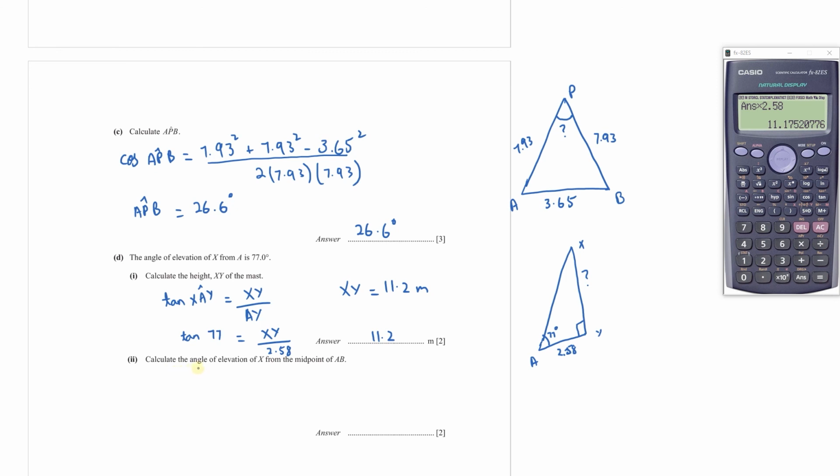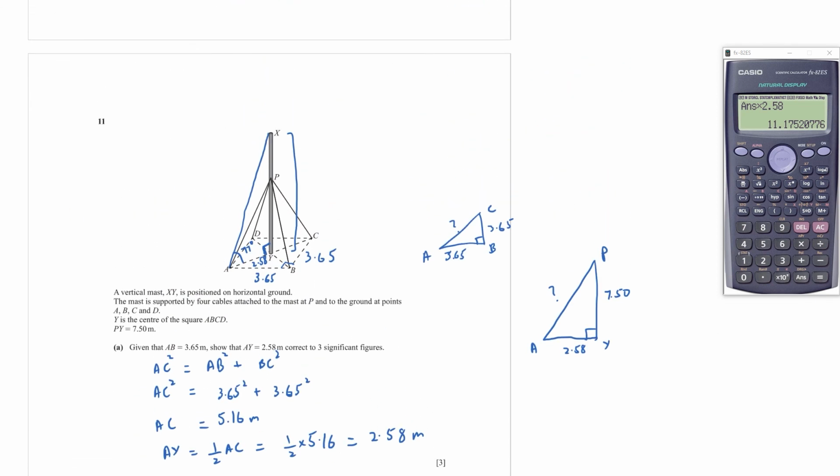Part 2 is calculate the angle of elevation of X from the midpoint of AB. So let me erase this. So if I draw this line here, let's call this the midpoint. So you're looking for this angle of elevation.